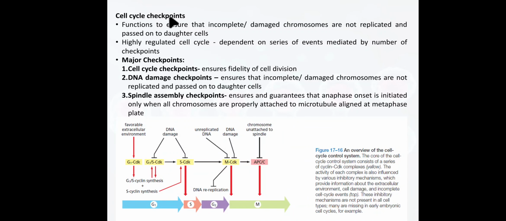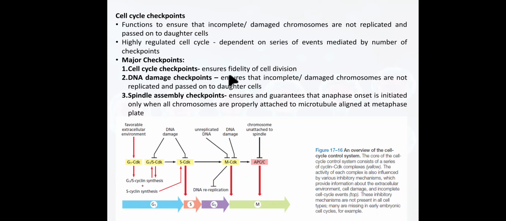Let's see one by one now. Cell cycle checkpoints function to ensure that incomplete or damaged chromosomes are not replicated and passed on to daughter cells. The highly regulated cell cycle depends on a series of events mediated by a number of checkpoints. The major checkpoints are the cell cycle checkpoint, the DNA damage checkpoint, and the spindle assembly checkpoint.